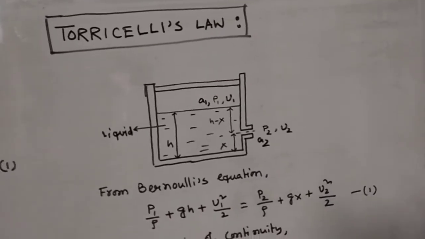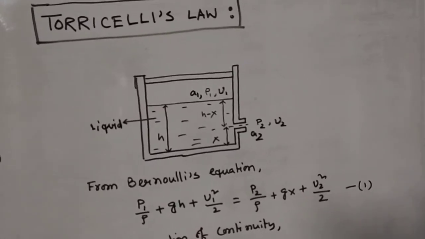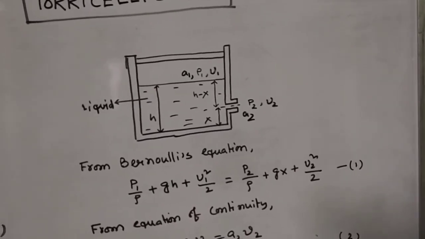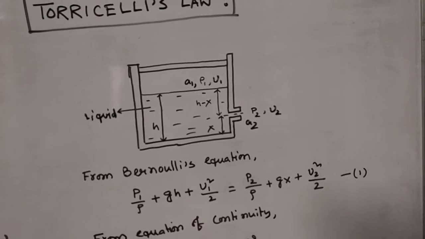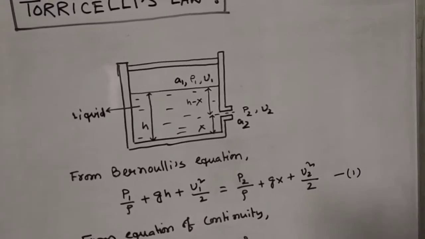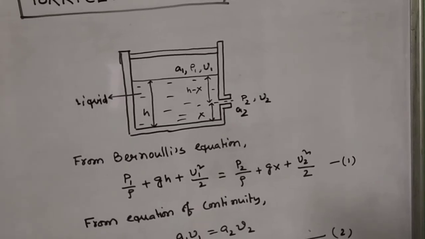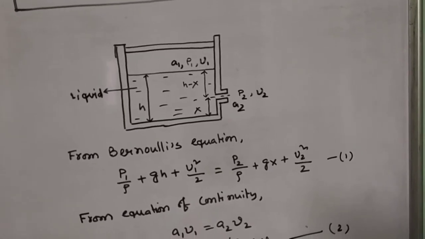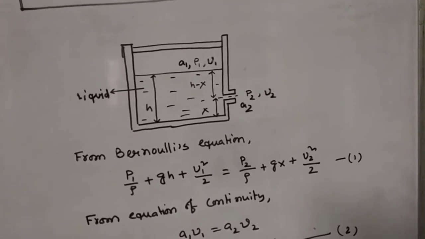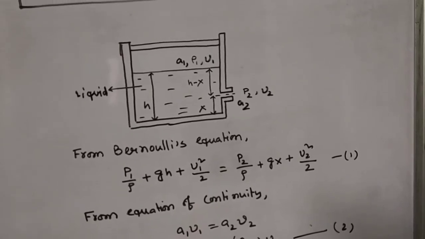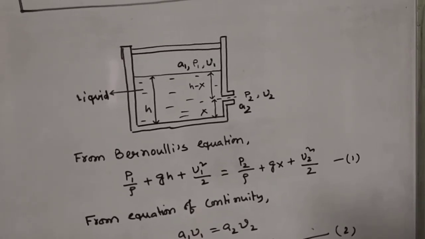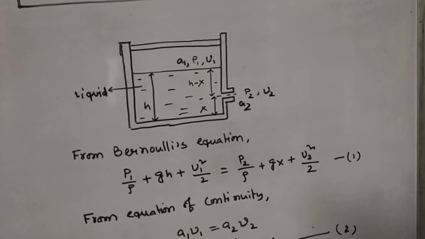Now, if you have to apply Bernoulli's theorem on the two areas of cross section, one is your A1, another one is your A2, and the parameters are A1, P1, V1, and another one is your A2, P2, V2. So, if you see the Bernoulli's theorem in our previous class, you will see that the theorem defines the conservation of energy, and the conservation of energy is your pressure energy, potential energy, and kinetic energy.